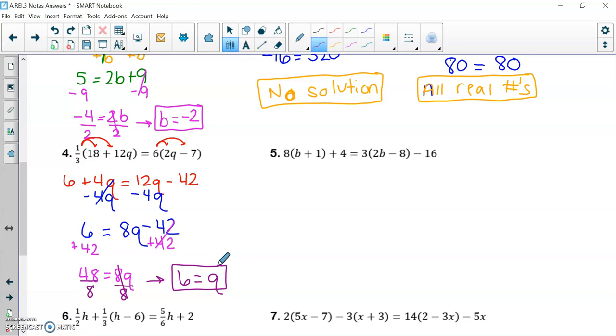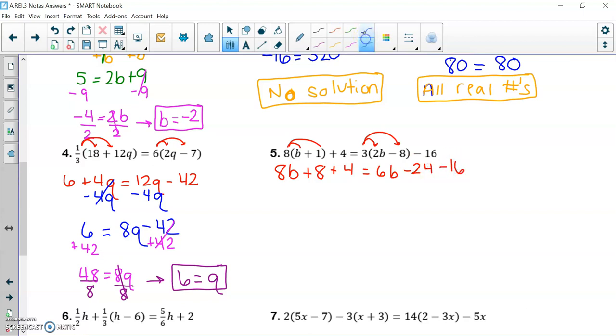All right, looking at number 5, I'm going to start off by simplifying the left side by distributing the 8 in. I have an 8b plus an 8, and then I have that plus 4 left over. I'm now going to simplify the right side by first distributing. So I get a 6b minus a 24, and then I have that minus 16.